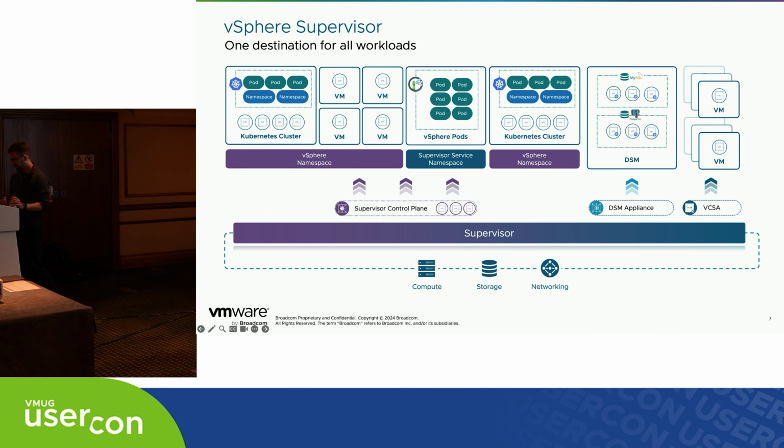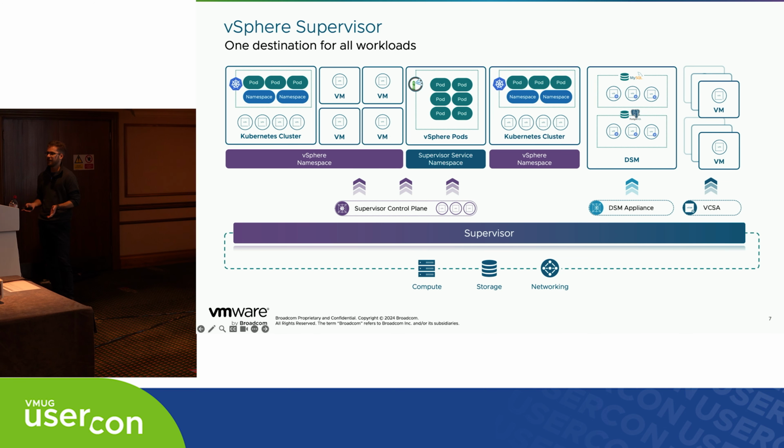This is a bit of a visual representation of what the infrastructure will look like once we've taken our VCF environment and added the supervisor on top to create the platform. From the bottom up, you've got your VCF environment, so you've got some sort of compute, storage, and networking, likely vSphere, vSAN, and NSX.